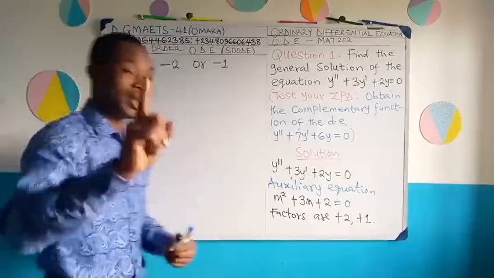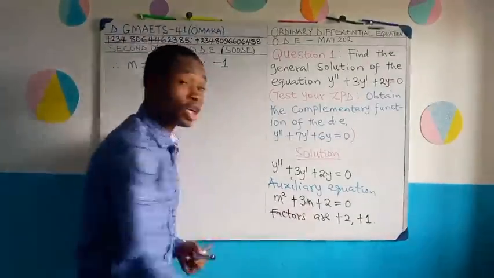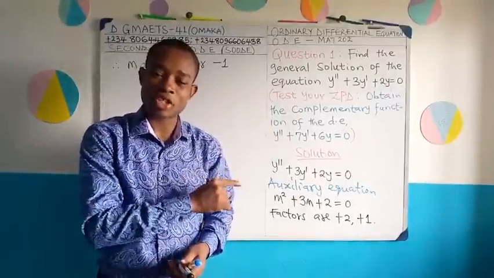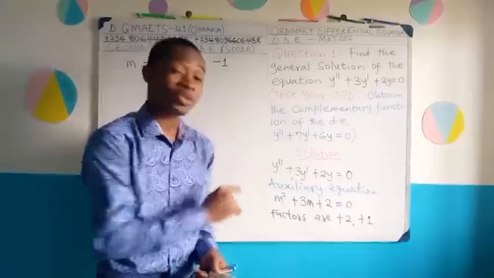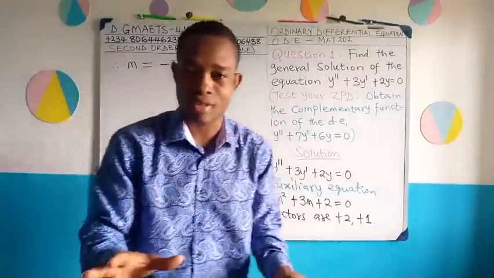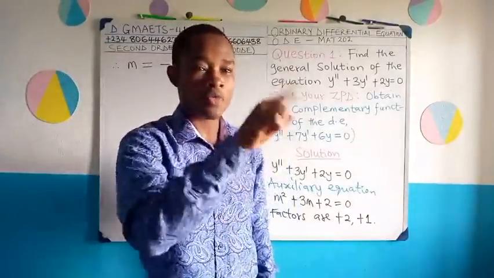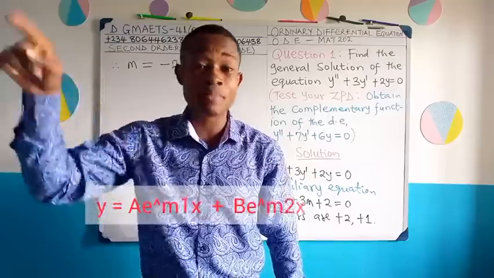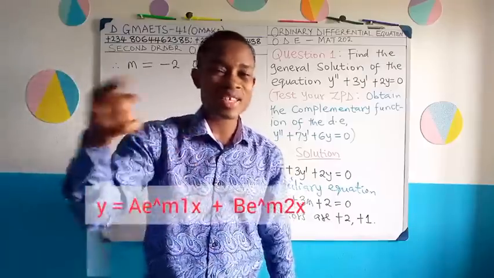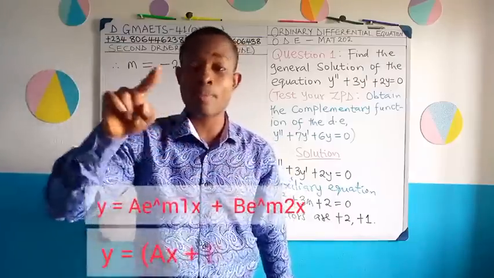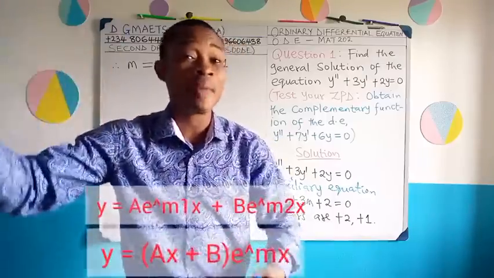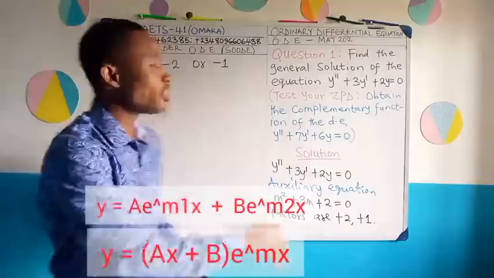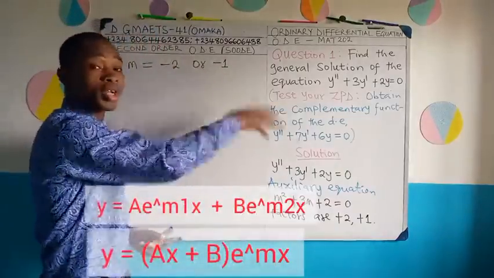Now if you look at this, this auxiliary equation could be factorized. I used the factorization method. It therefore means that the complementary function, the solution to this quadratic equation, even without solving it, will either be y equal to A exponential m1x plus B exponential m2x, or it could be the second solution, which is y equal to (A plus Bx) exponential mx. Whichever of them I choose depends on whether the roots of the equation are equal or not.